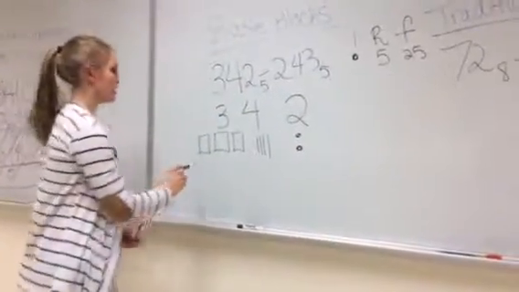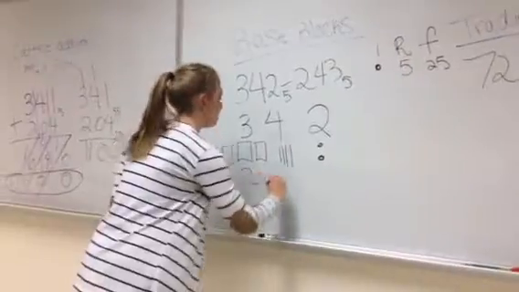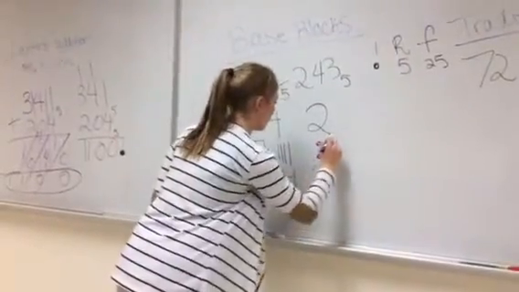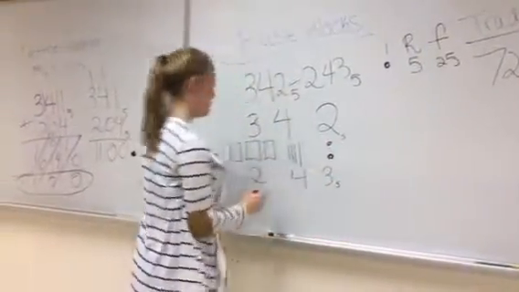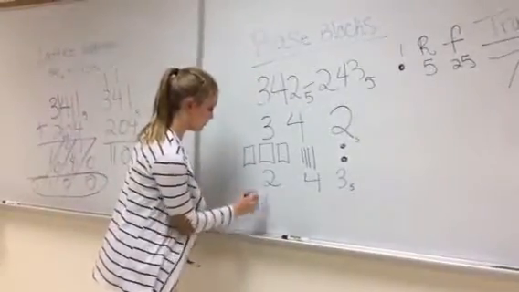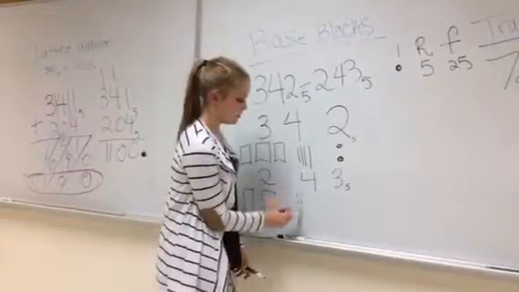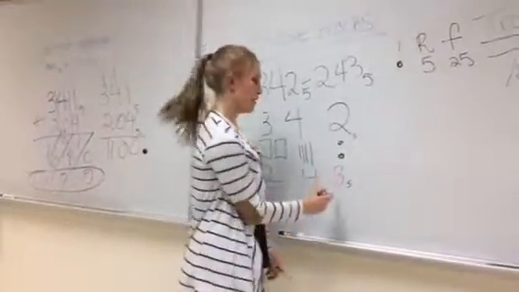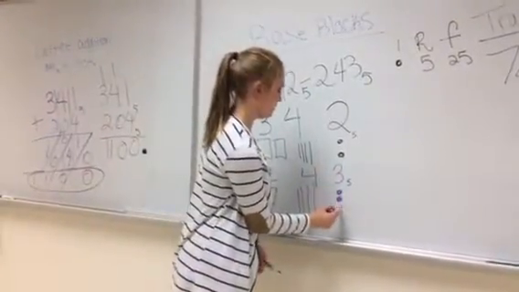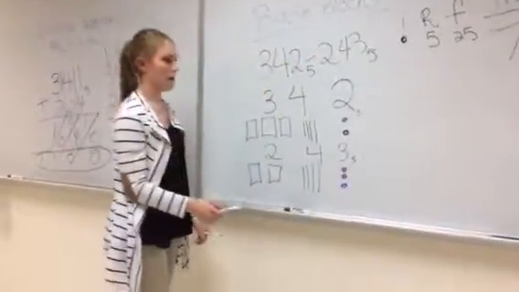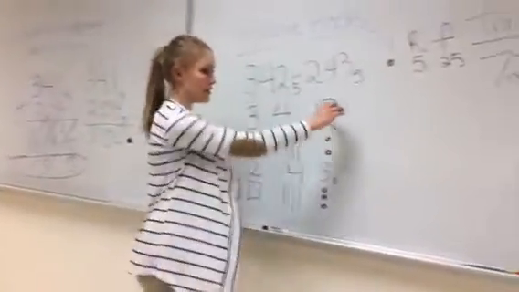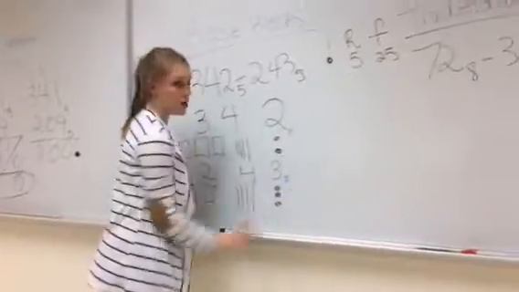Now if we subtract 243, we know that we have 2 flats, we have 4 rods, and we have 3 units. All right, so off the bat, we already need to borrow because 2 can't subtract 3.